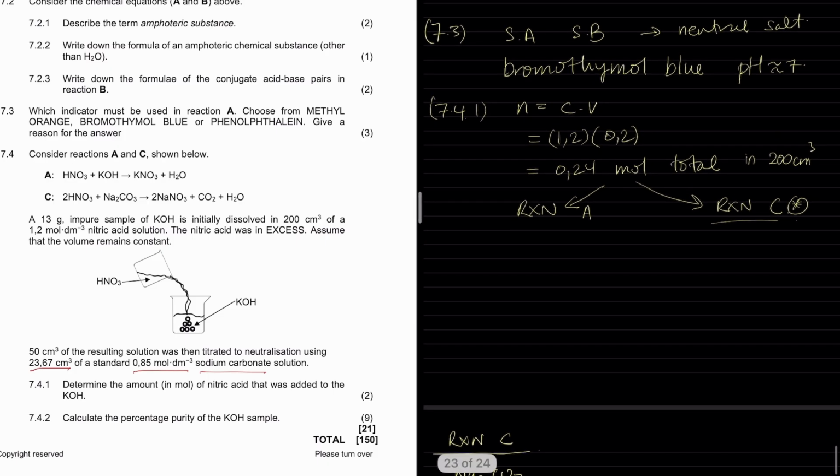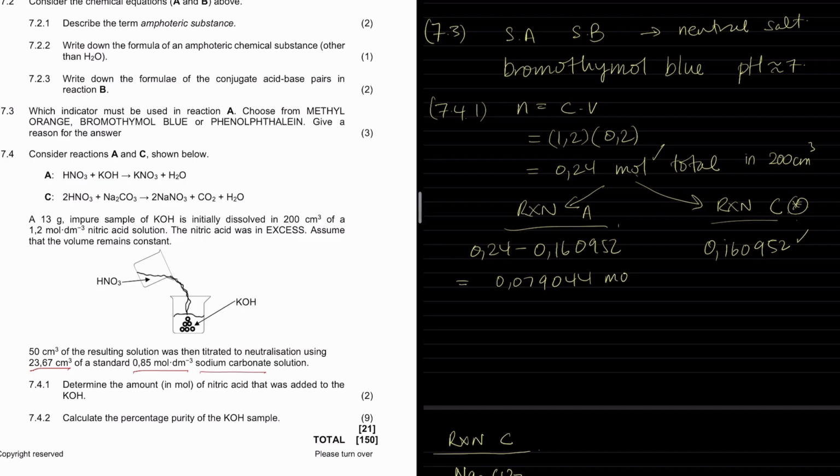So that's the amount that was used in reaction C. So if we know how much we started with, we know how much was used in reaction C. If we subtract these, we can work out how much was used in reaction A. So in reaction A, it'll be 0.24 minus 0.160952, and that gives us 0.079044 moles.